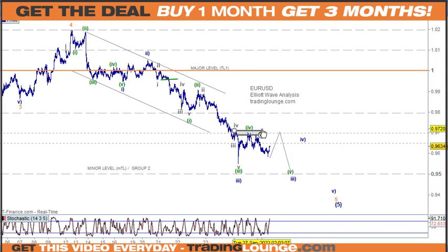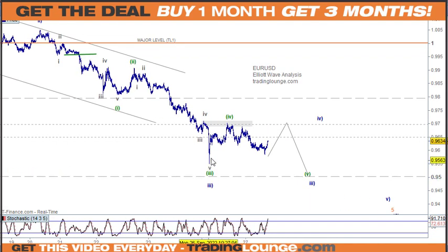But we still have further to move down, and we need to put wave 4 up here, because this here can be an A wave, an ABC for the B wave, and then go up here for wave 4 over here. And it could also be blue wave 4, but either way we still need to make a new low down here. So that's the thing.